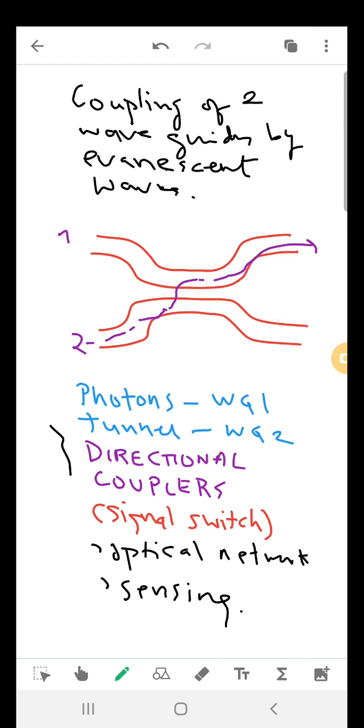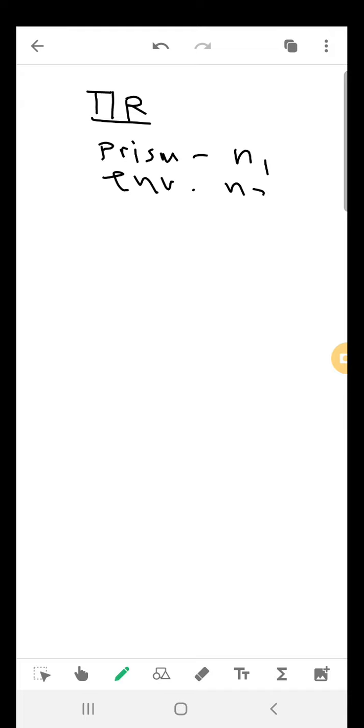Another example of the geometry coming into play for an evanescent wave is given by total internal reflection involving propagation of light through a prism. There is a prism of refractive index n1, and light propagates from it to an environment of lower refractive index n2. So n2 is less than n1.